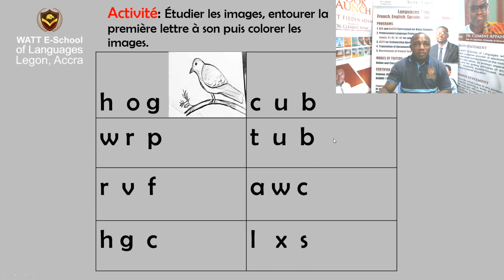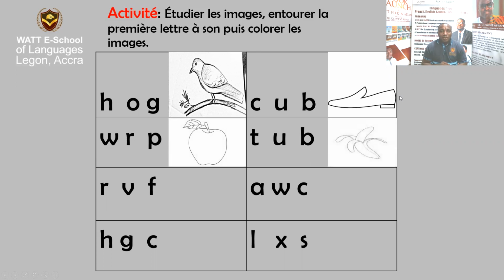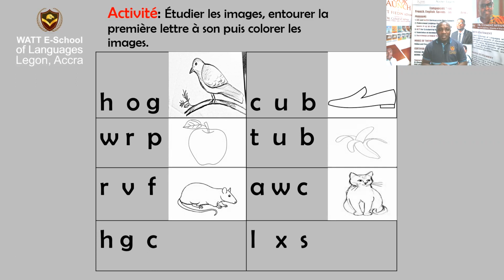This is the first one. The first image. The second one. You like it? It's the same thing that you are wearing. The third one, fourth, fifth, sixth, seventh, eighth.